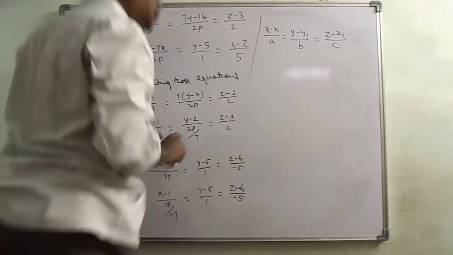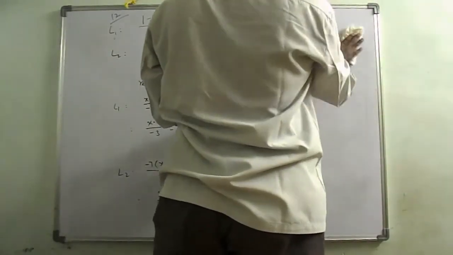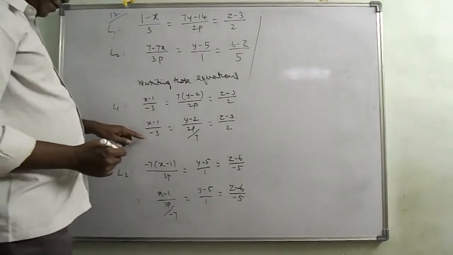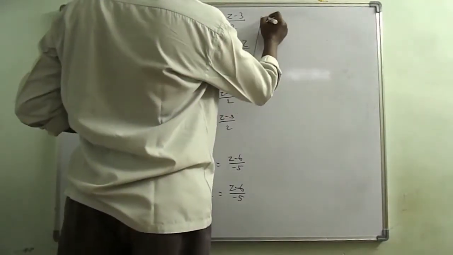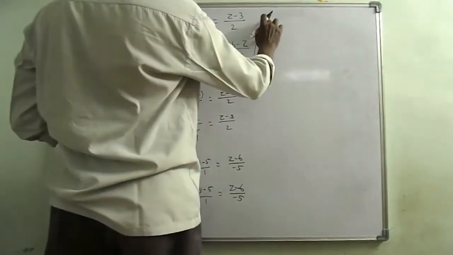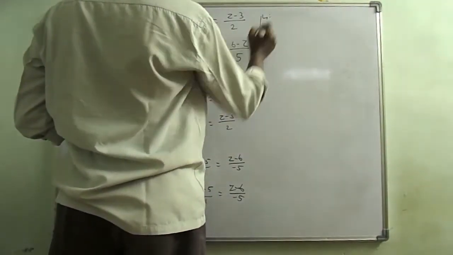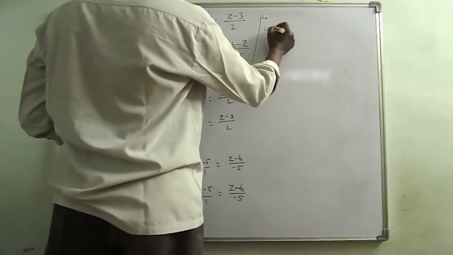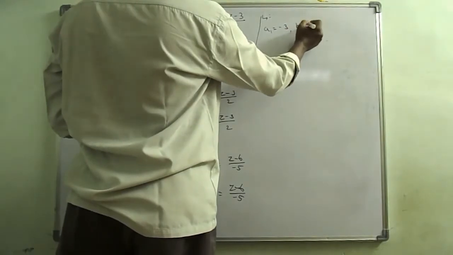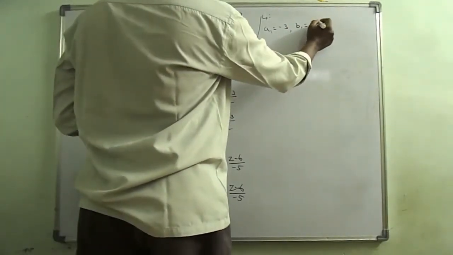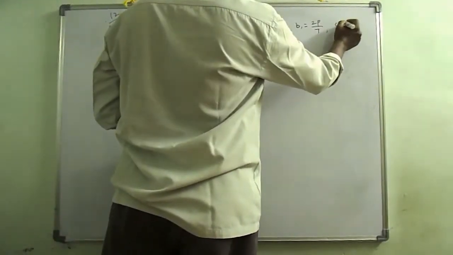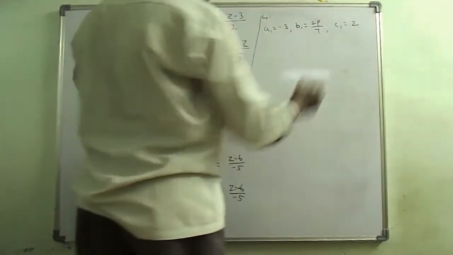Now from the first line L1 we know that A1 equal to minus 3, B1 equal to 2p divided by 7, and C1 equal to 2.